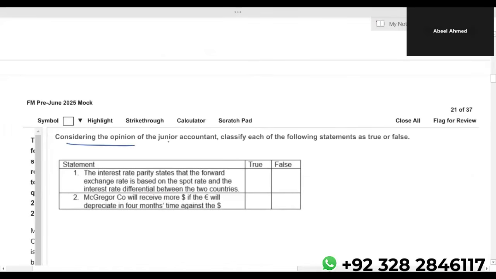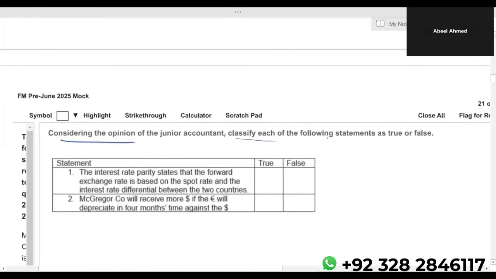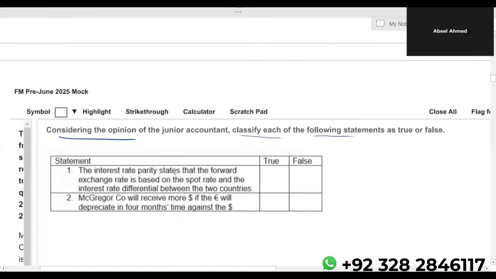Considering the opinion of the junior accountant, classify each of the following statements as true or false. The interest rate parity states that the forward exchange rate is based on the spot rate and the interest rate differential between two countries. True.